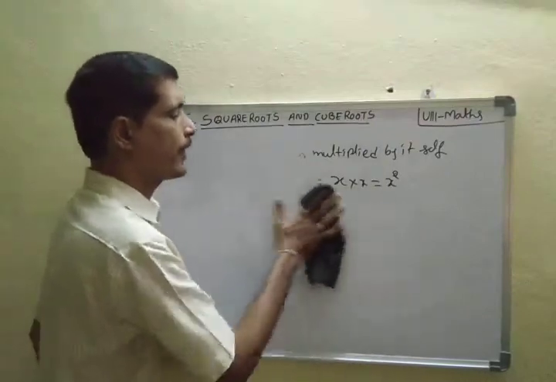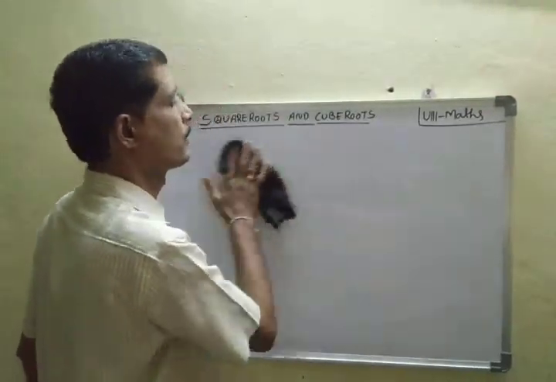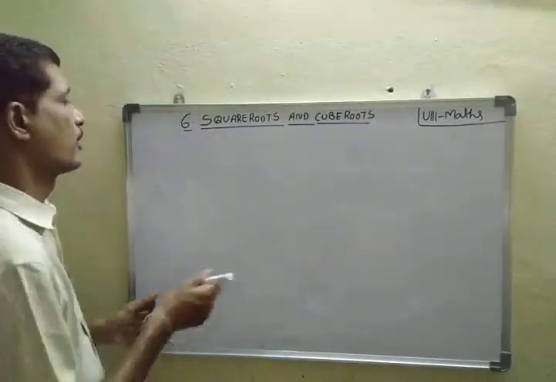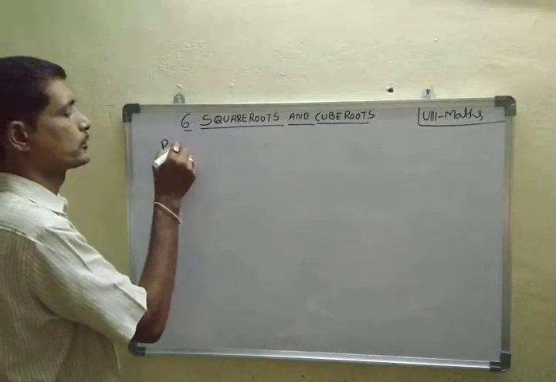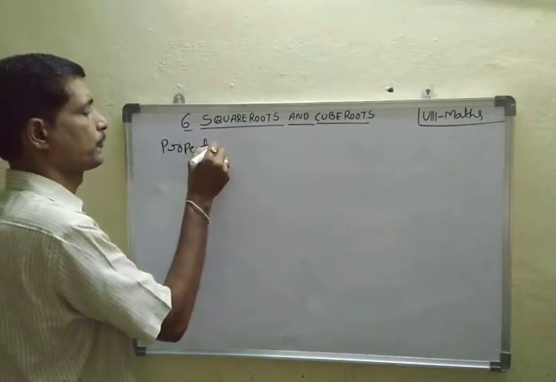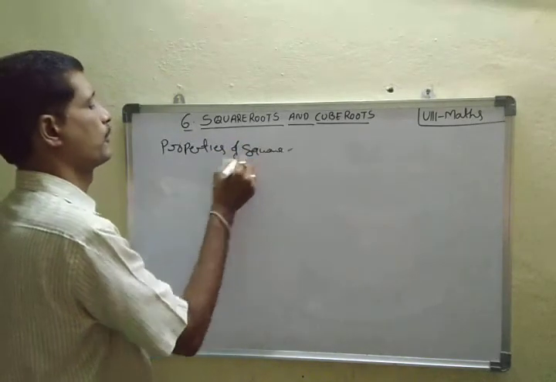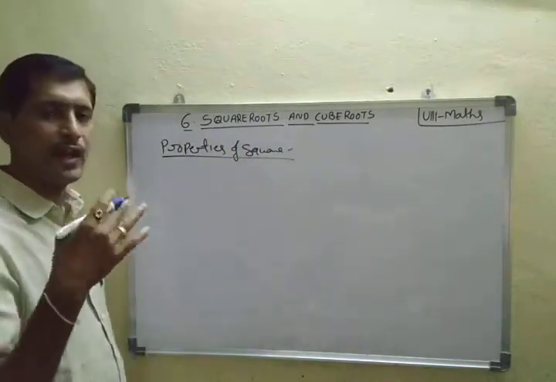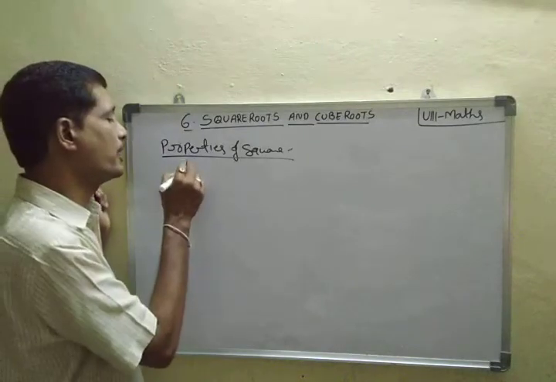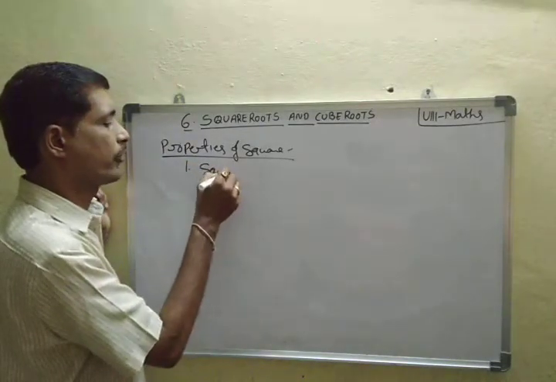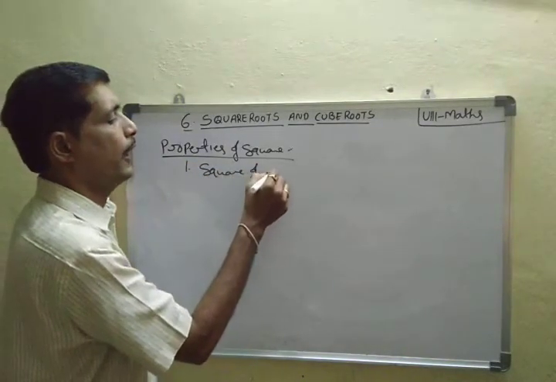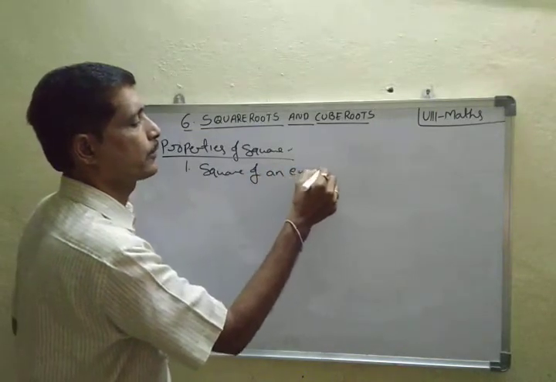Now, properties of square. Suppose an even number is there. Square of an even number is always even.